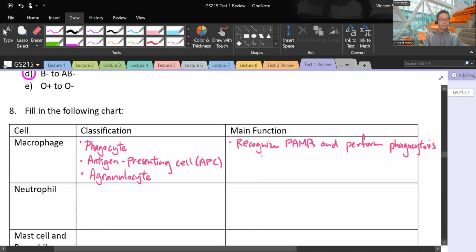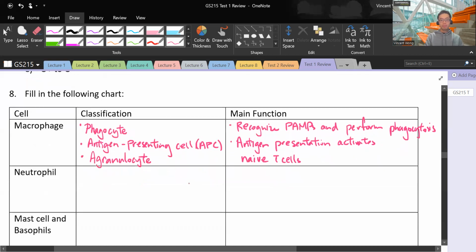Antigen presentation activates naive T cells.